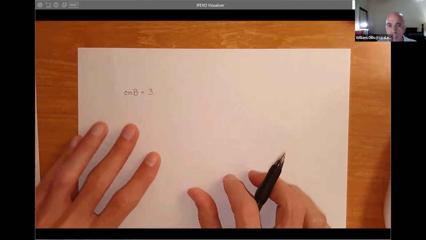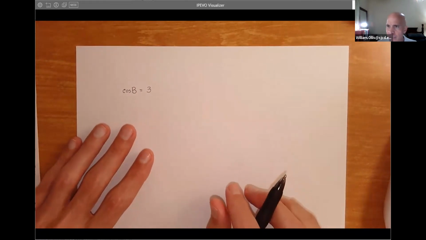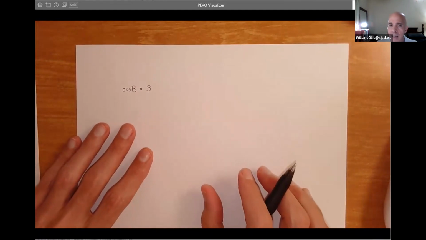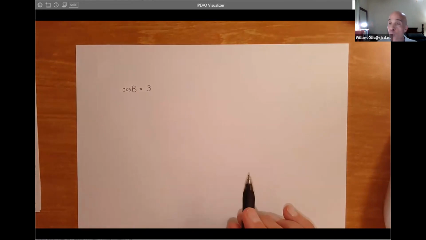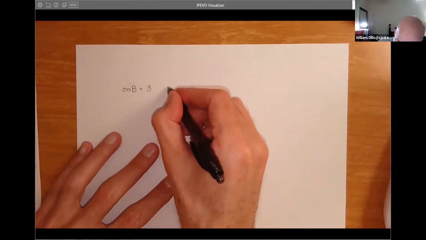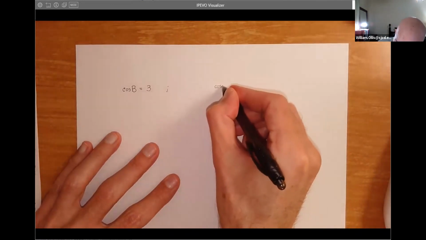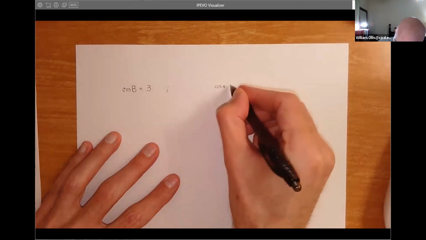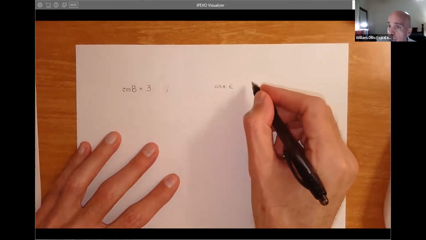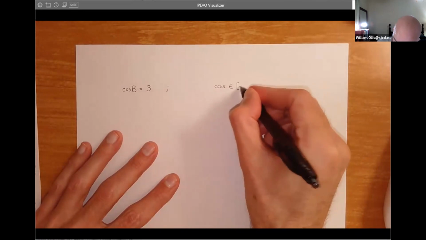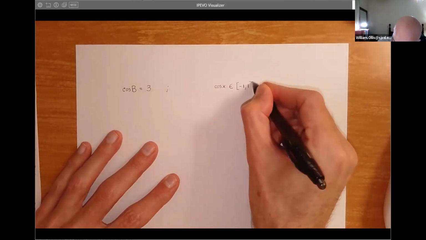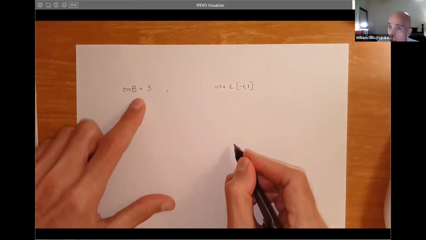You look at that and say, that doesn't make any sense. Now, why does this not make any sense? Well, for one thing, when we define cosine of x, the range, which is the opposite of the inverse cosine, lives between -1 and 1. So this is not defined.